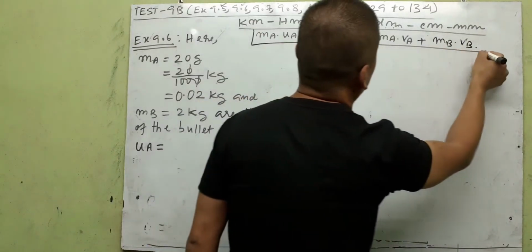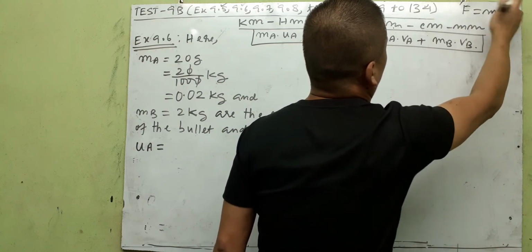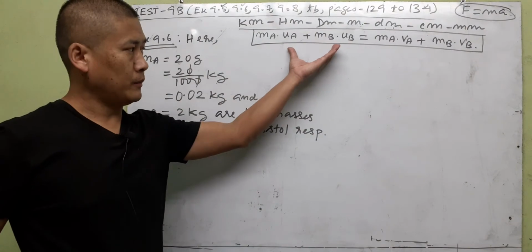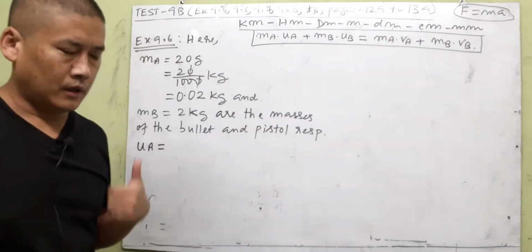This formula is going to be very important besides F equal to M into A. So here, total momentum before collision or before firing the pistol is equal to total momentum after interaction.